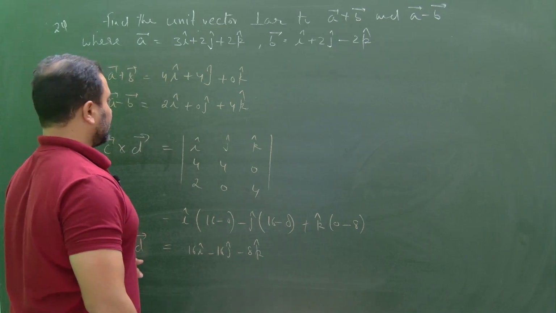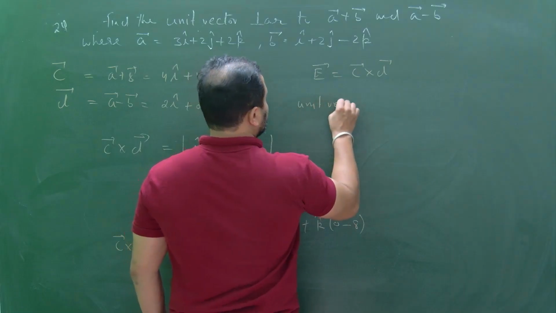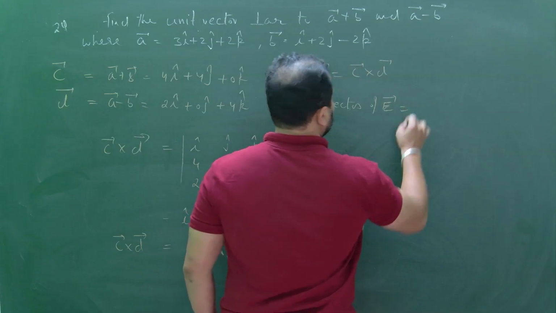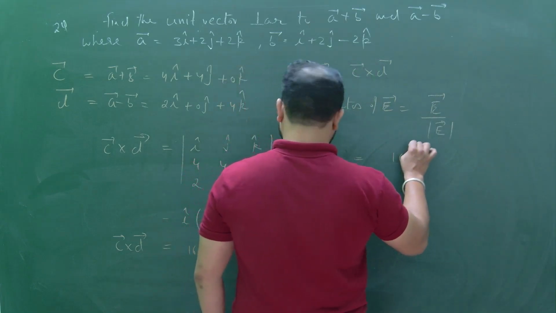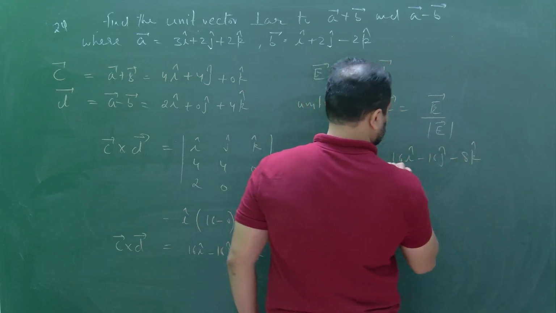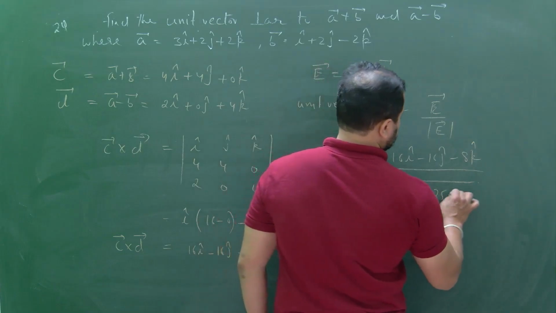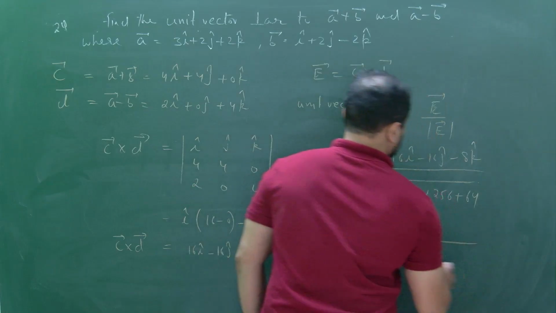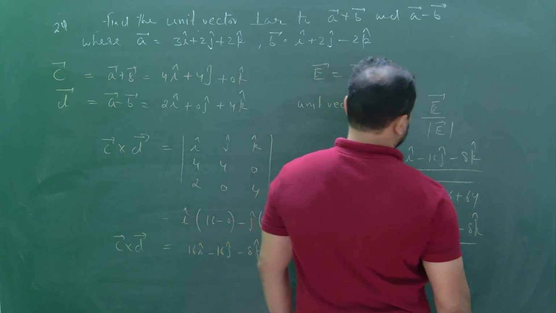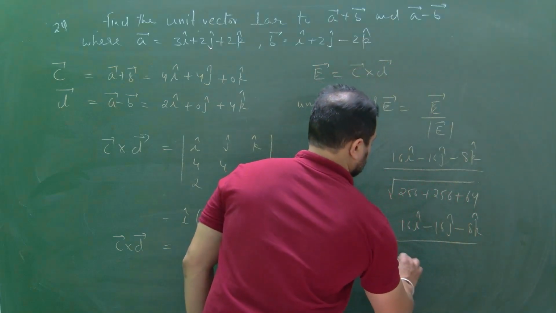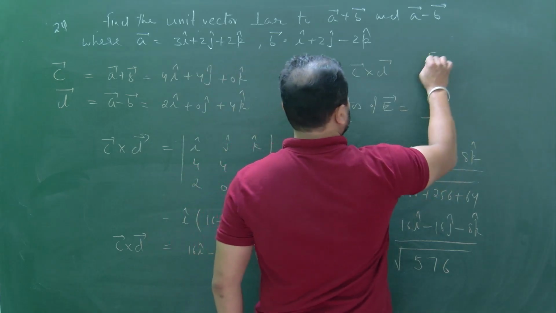तो हमें इसी का यूनिट वेक्टर फाइंड आउट करना है, तो इसको e वेक्टर कहते हैं, which is equal to c cross d. The unit vector of vector e is equal to: the vector is 16i, 16j, 8k. 16 square is 256, 256, 64. Total plus करके 576.